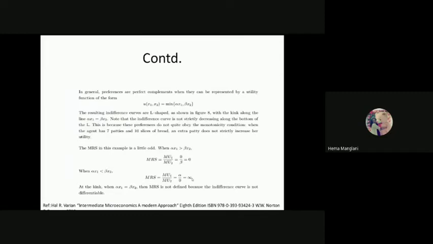That's why we cannot define the MRS in the case of perfect complement goods. Always we need to follow this relationship, alpha x1 equals beta x2. Then MRS is not defined because the indifference curve is not differentiable. So that is the case of perfect complement goods.